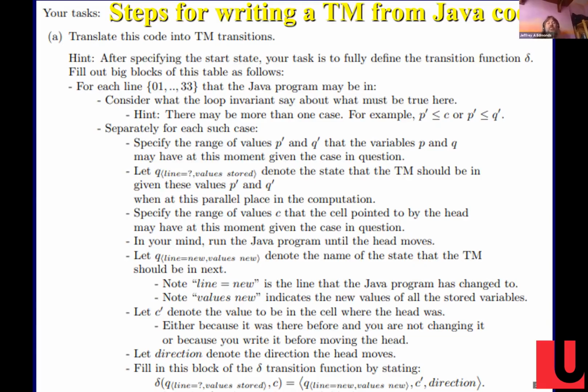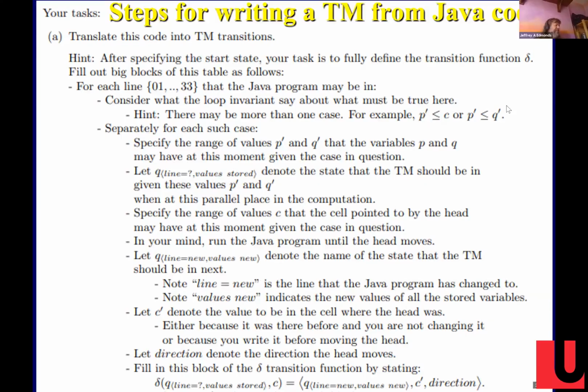So you know that, and so what you are going to do is you consider what's true here, and then you think, well, what's the code going to do going forward? Well, there's some cases. Maybe if my value of P is less than C, C is going to be the value that's on the tape, and P is going to be some variable within the Java code.